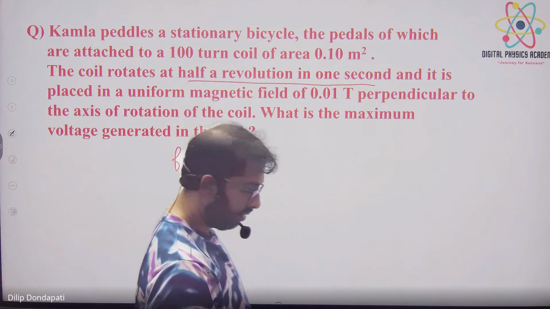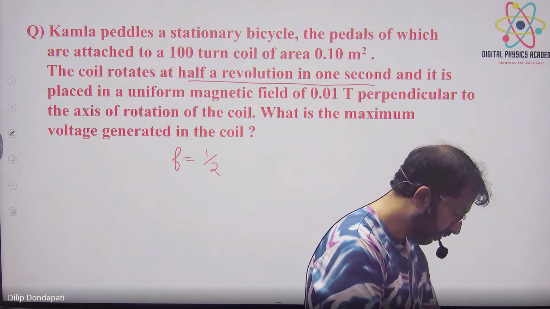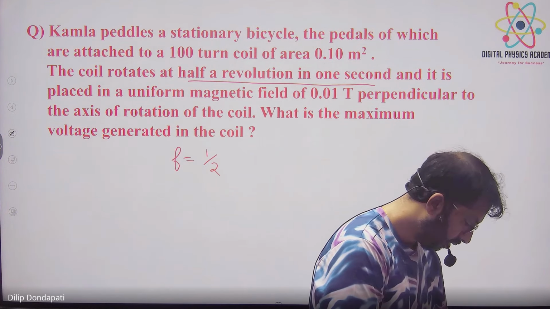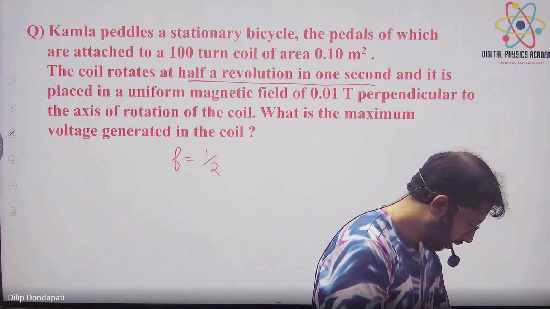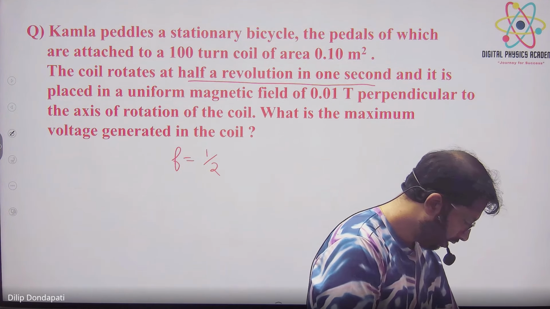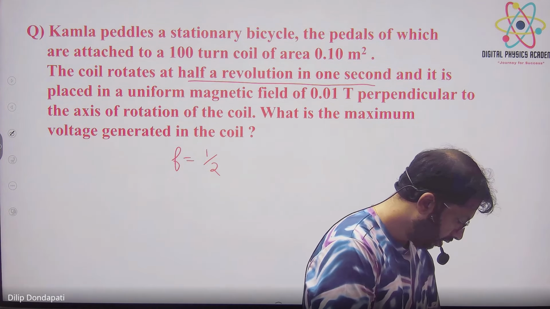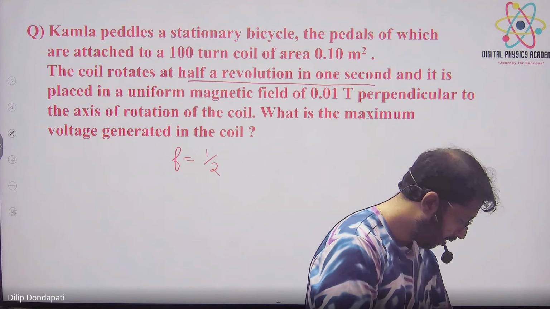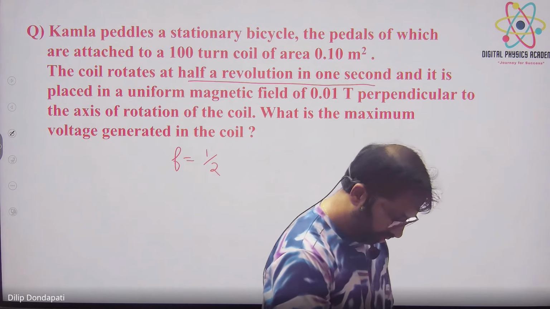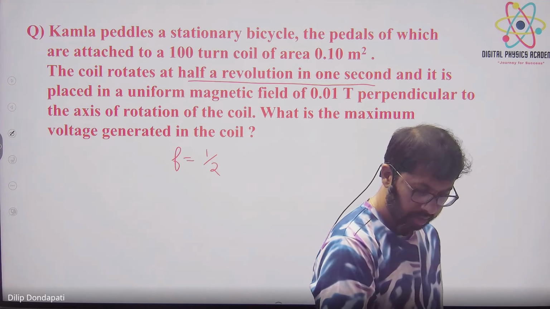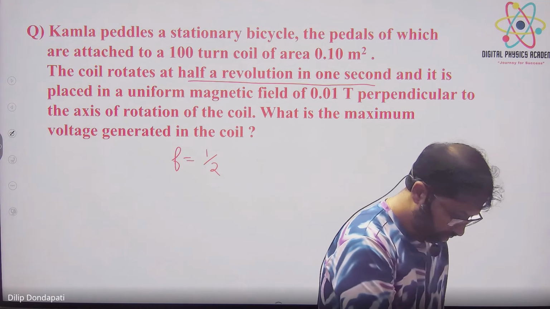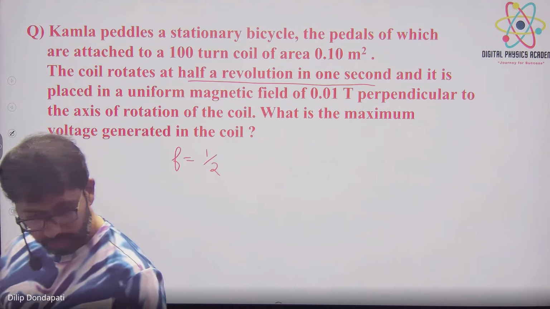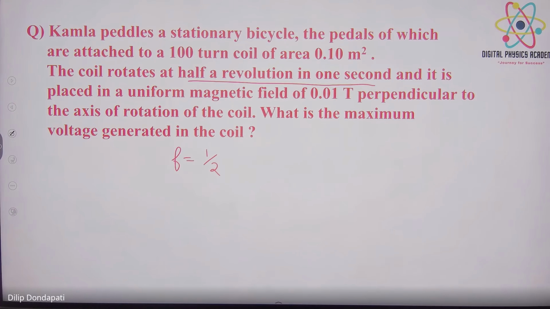Give the answer in terms of pi. Pi by 10, yes, correct.